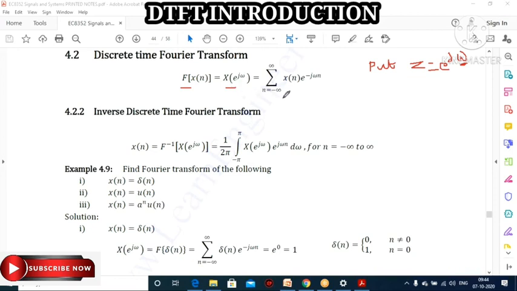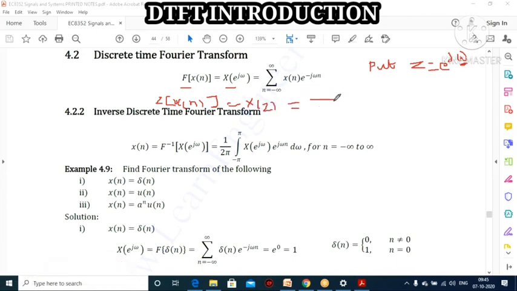Which is equal to summation n equal to minus infinity to infinity x of n e power minus j omega n. Now I will show the relation here. The Z transform of x of n is capital X of z, which is equal to summation n equal to minus infinity to plus infinity, because it is considered as the bilateral Z transform.